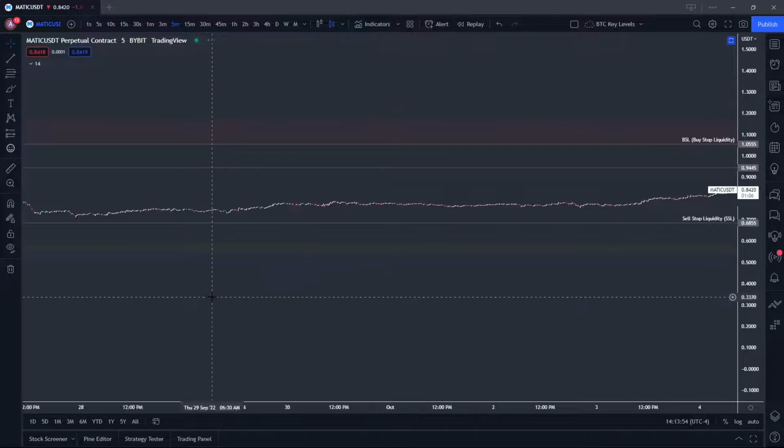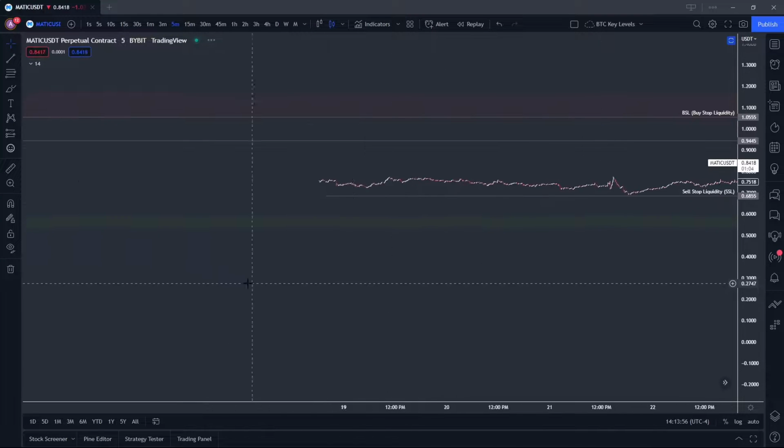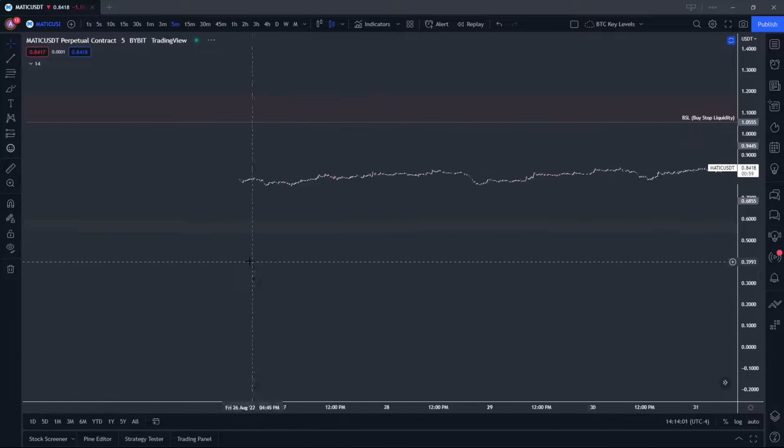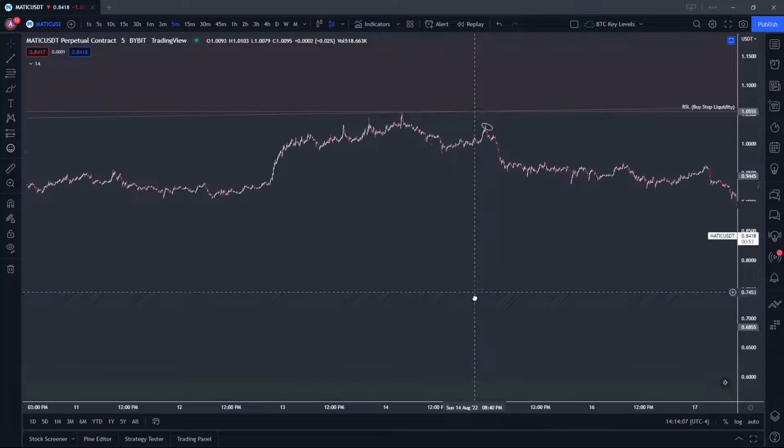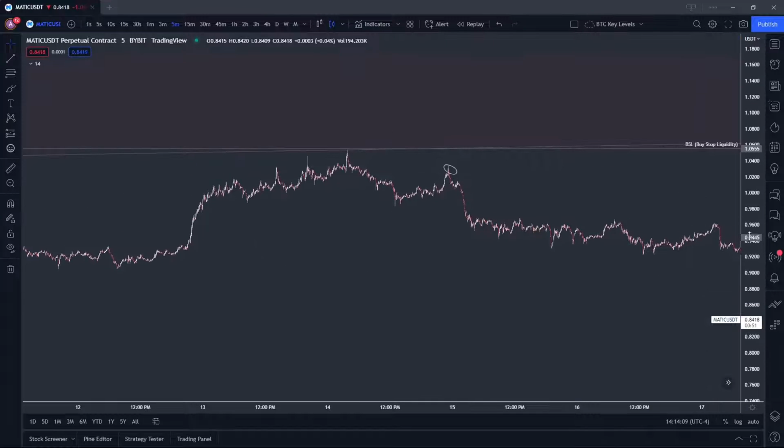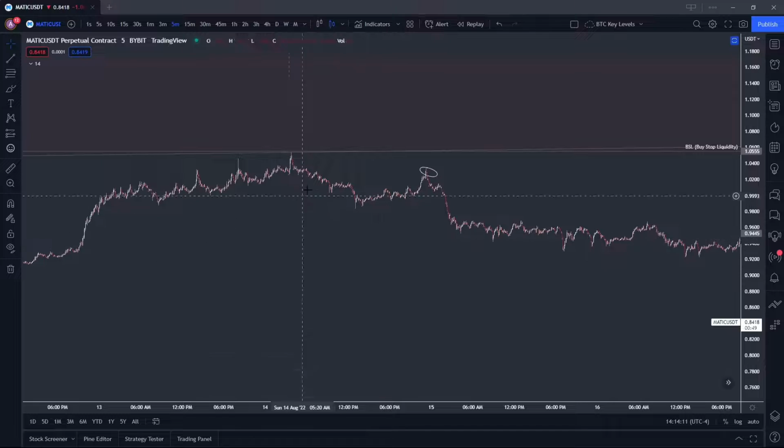I will definitely fast forward through this on the video. Cool. So it's not absolutely perfect, but you can see that we displayed another three drives pattern even on a lower time frame, and then we saw market reversal.